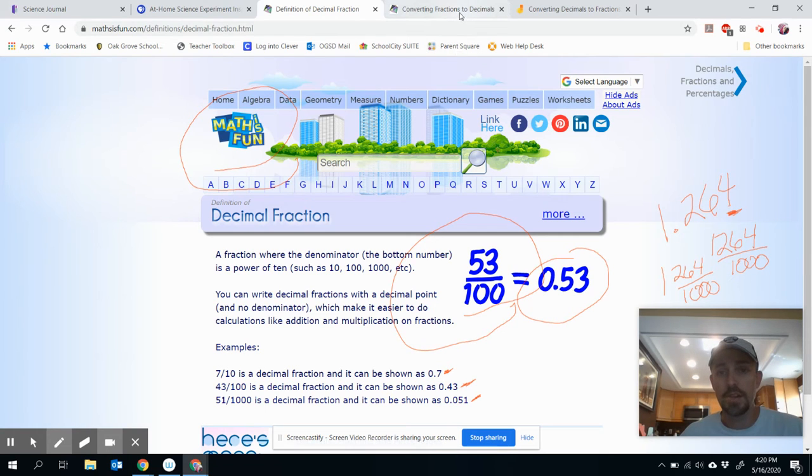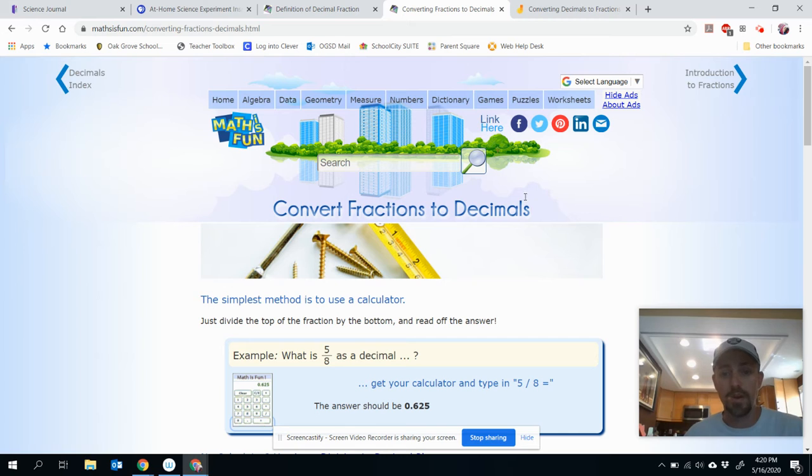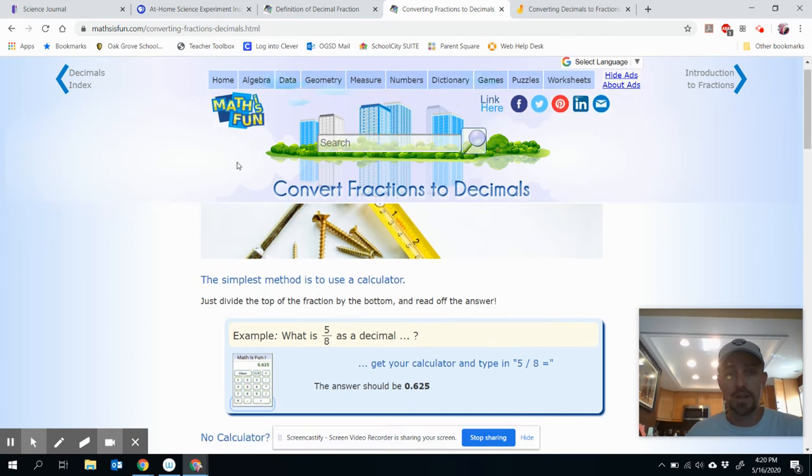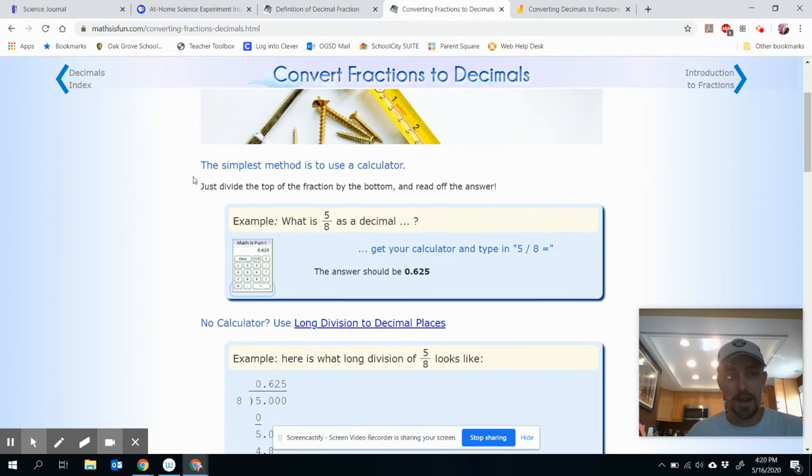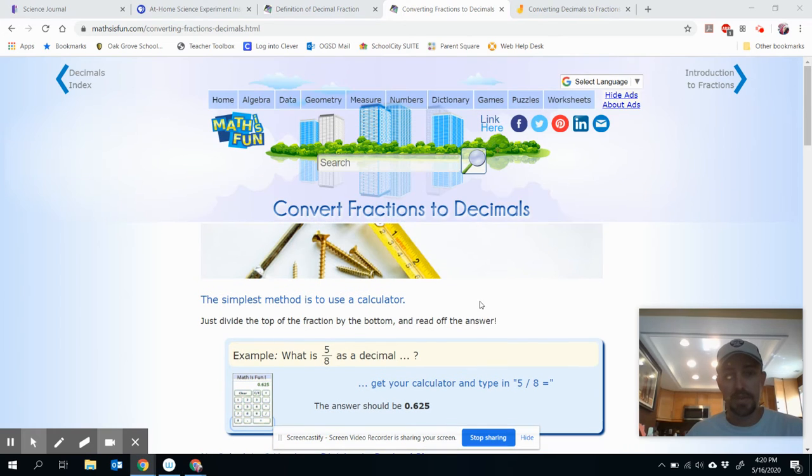Let's go check another one. Let's talk about converting fractions to decimals. Once again, I am using the website Math is Fun. Converting fractions into decimals this time. The simplest method is, of course, to use a calculator, but that doesn't seem like what we're trying to learn.